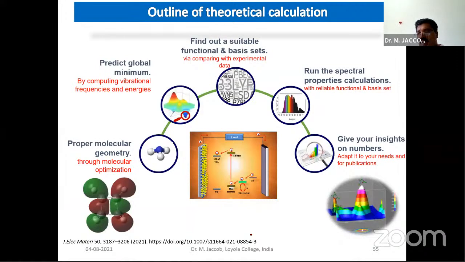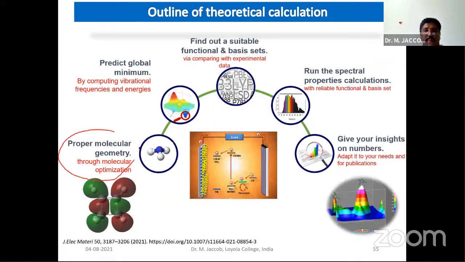My dear participants, I am not discussing much more on the level of theory or functional and basis set in terms of quantum mechanical explanation, because that will not be needed. Everyone is using it, but when you try to do the computation, these are the points to be remembered and concentrated on in order to get accurate and reliable results relative to the experiment.